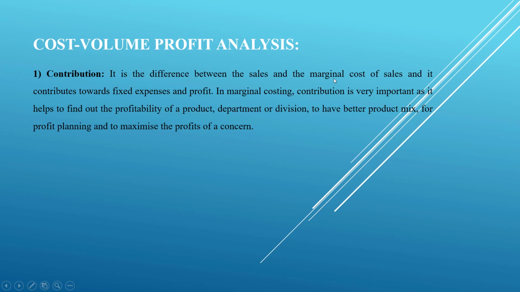Marginal costs are nothing but the variable costs, those costs which change according to the volume of output. And contribution we can find by deducting the marginal cost, or the variable cost, from the sales value.